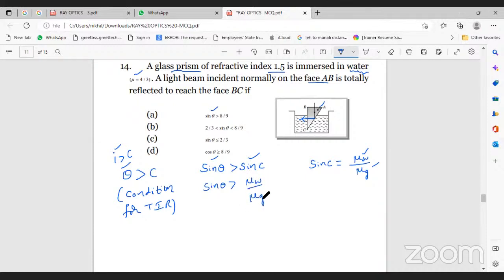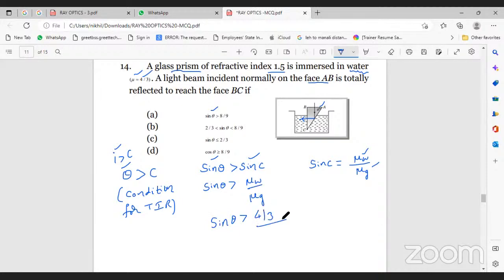Mu W divided by what? Mu G. So what is mu W? What is the refractive index of water? Sir, is it 1.33, sir? Or you can keep it in ratio only, my dear. You can keep it as 4/3.